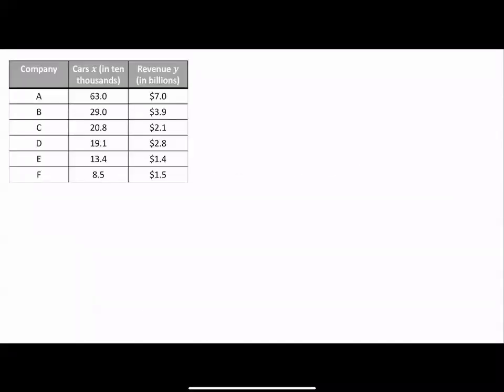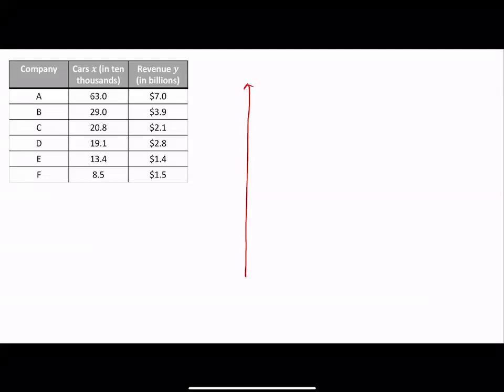So when we go here, I just add the table here so we can draw this. Here is our Y, and here's our X. Our X again is cars in 10,000s. So we're going to say cars in 10,000s.